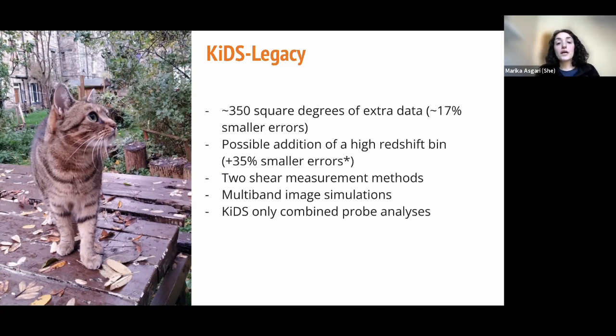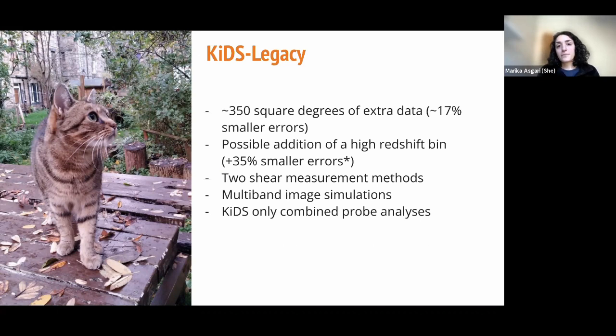So this should have an effect of an extra 35% smaller error bar, on top of the 17%. Although this is an estimate from a Fisher analysis, and at that point we didn't really know how well we can calibrate this redshift bin.